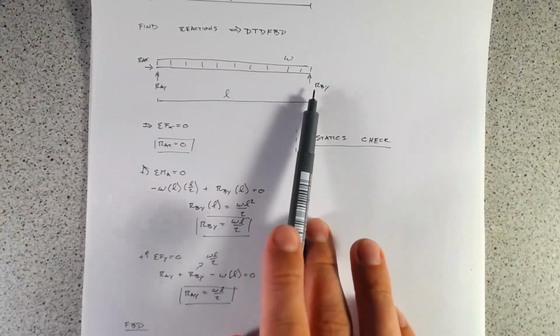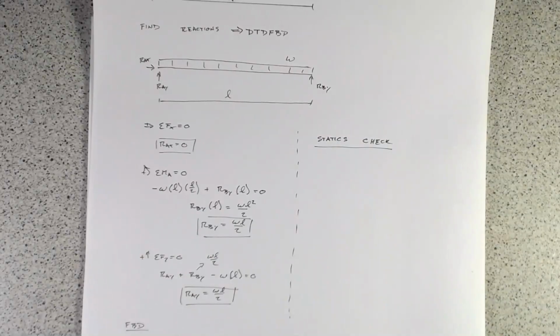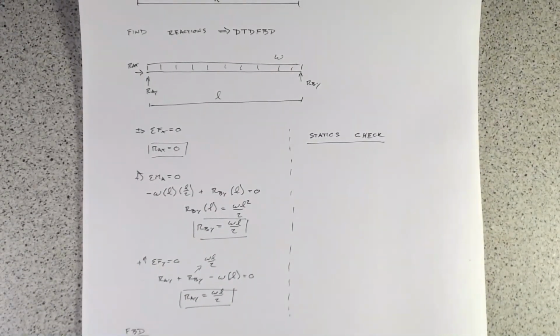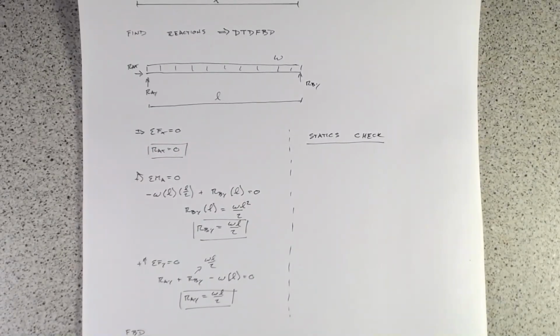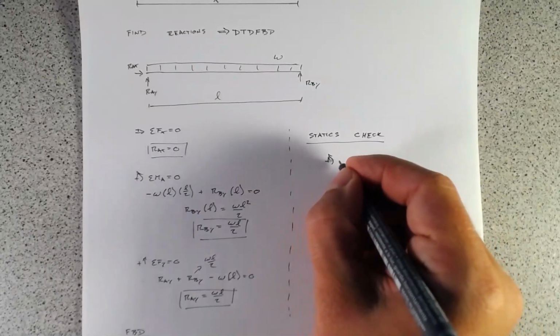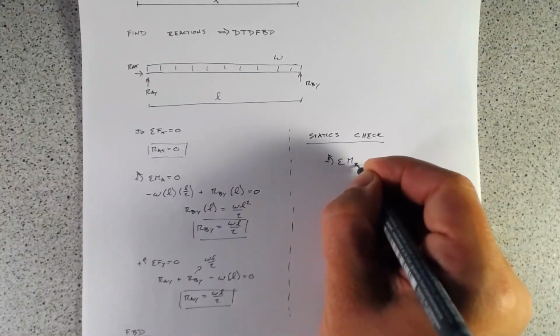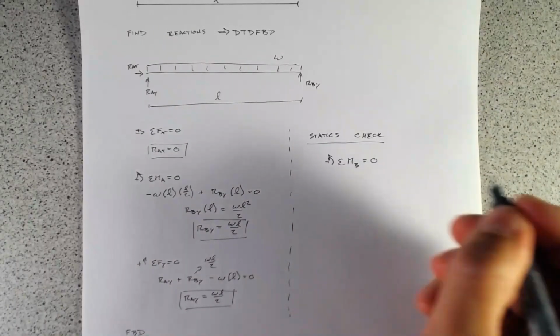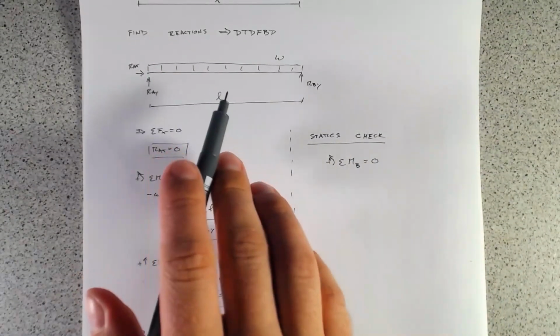I'm going to sum moments about B because I summed them about A previously. And what I want to see is that everything is in equilibrium, so essentially that 0 equals 0. So for our statics check, we'll do the sum of the moments about B. That needs to equal 0. So what do we have?